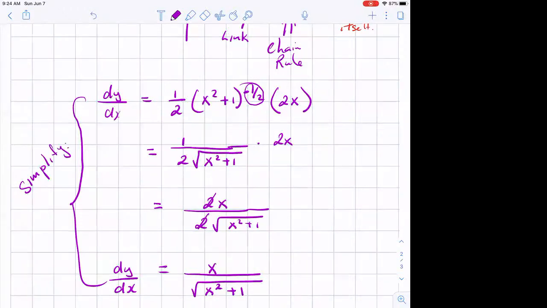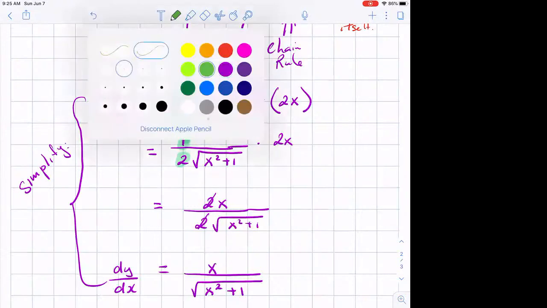Professor, what happened to the half that was in front? Are you referring to this half here? Yeah. So that half becomes over here 1 over 2. Okay. You have to keep in mind, right, that this portion here, let me not do that in green.